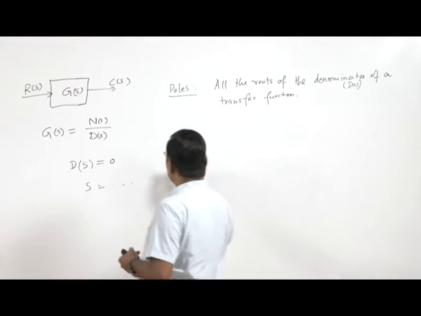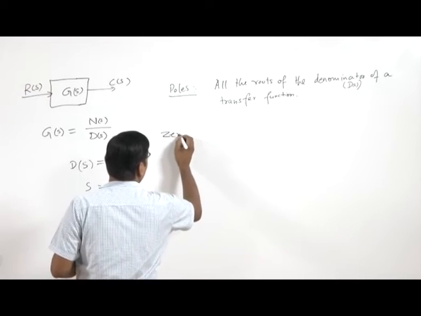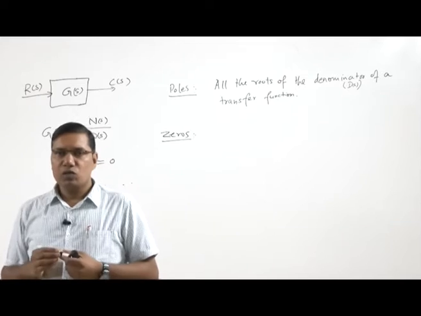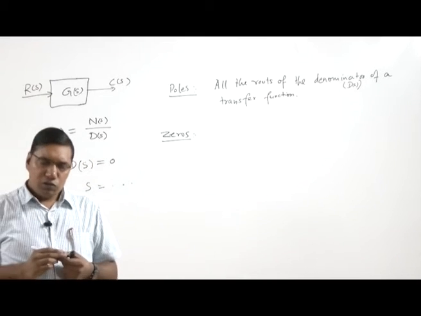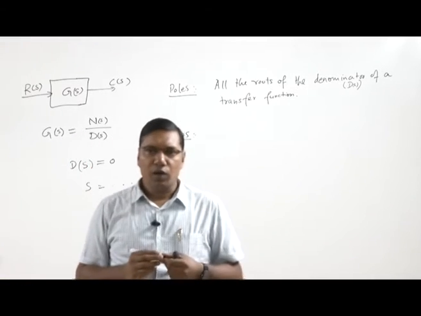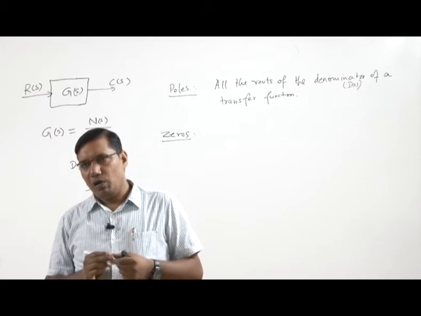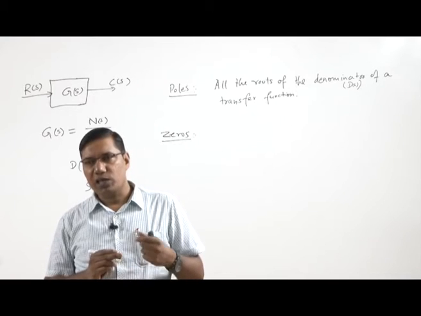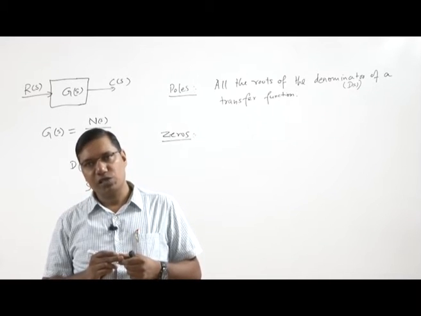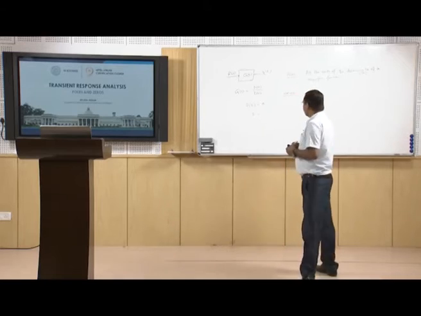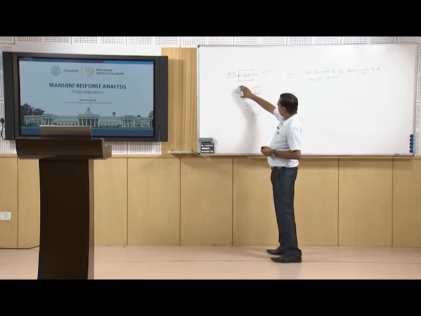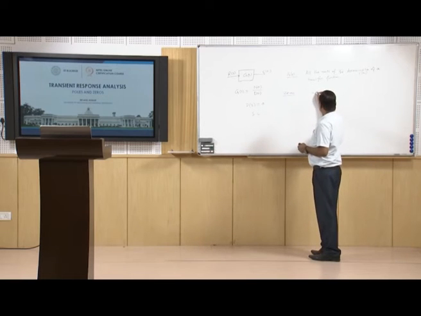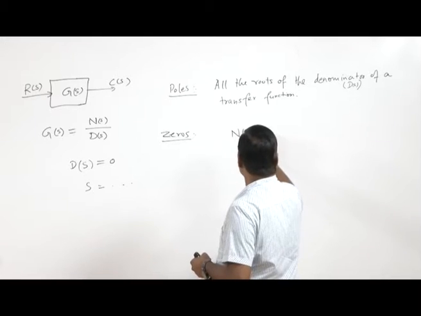Now come to zeros. Zeros of the transfer function are the values of Laplace transform variable s that cause the transfer function to become 0. So, all the values that make this transfer function 0, that is N(s) equal to 0.